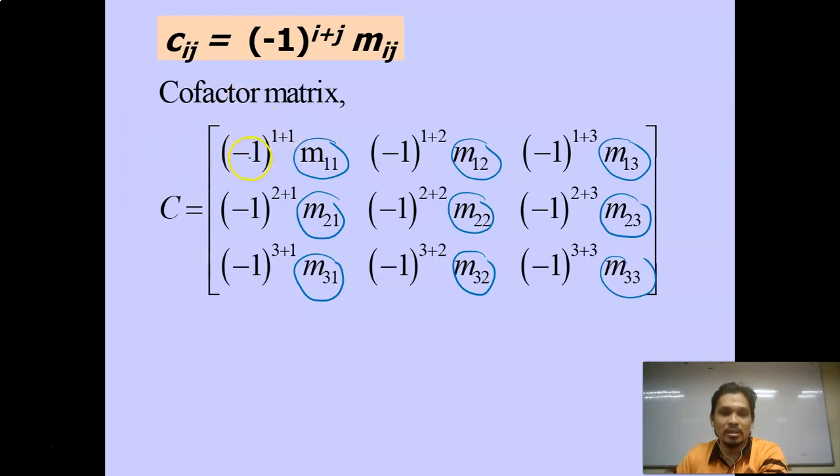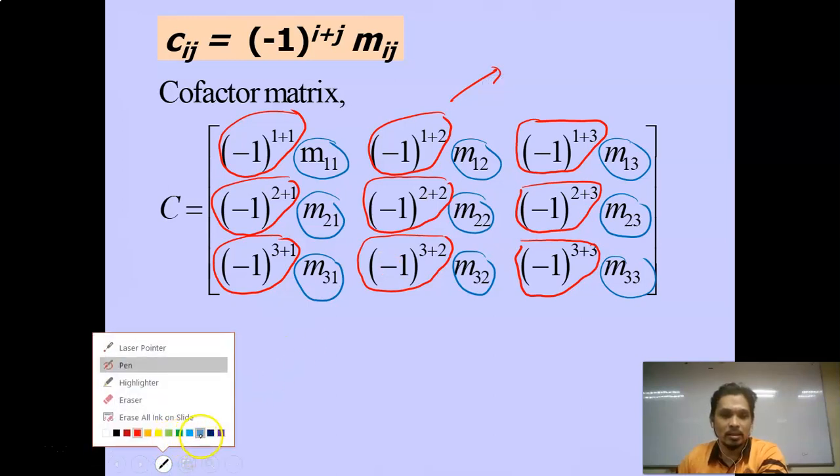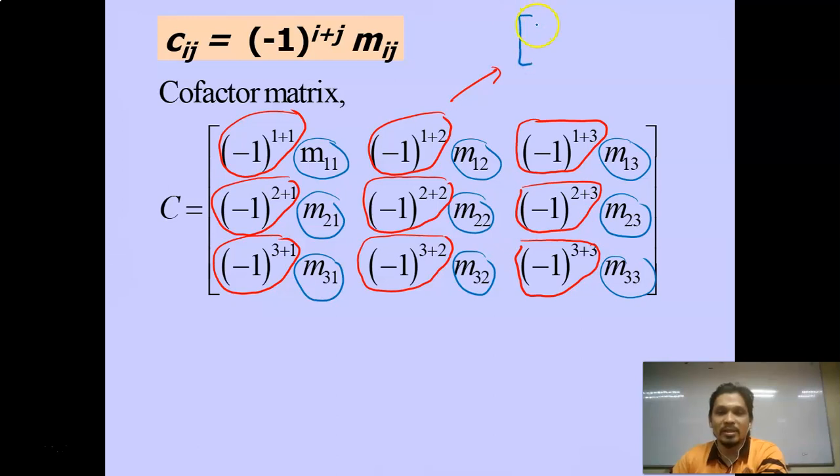For this part, we may also simplify with this pattern: positive, negative, positive, negative, positive, negative, positive. 3 plus 1 equal to 4, negative 1 to the power of 4 equal to positive 1.